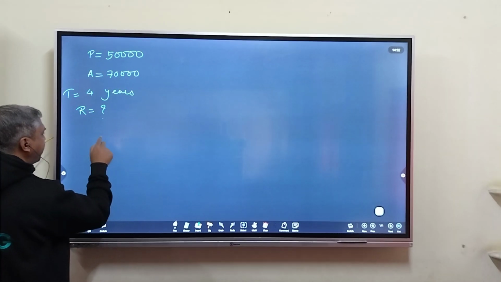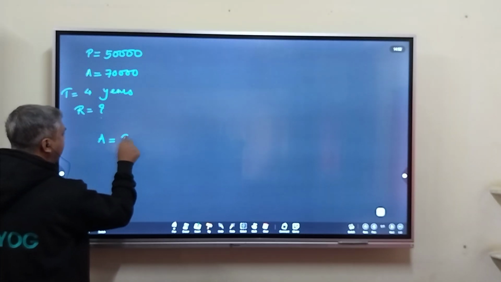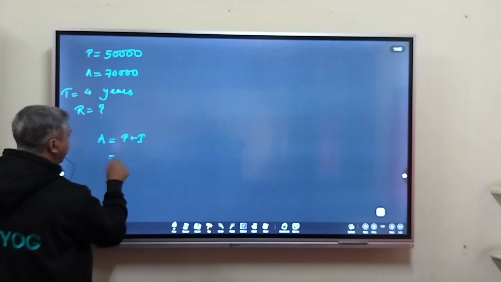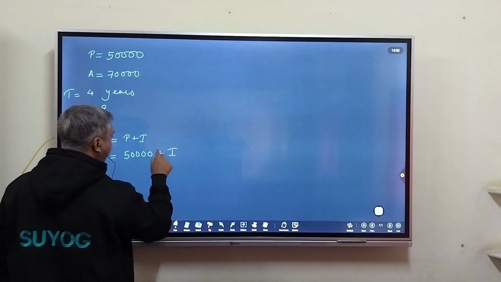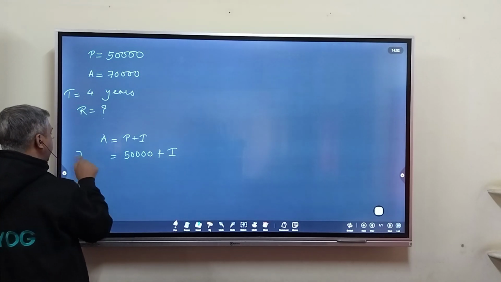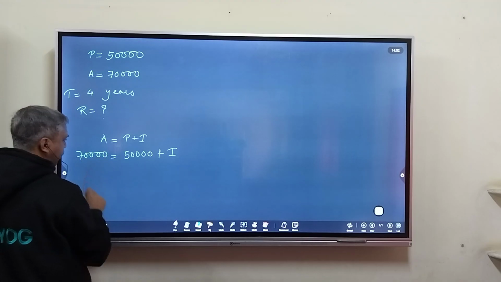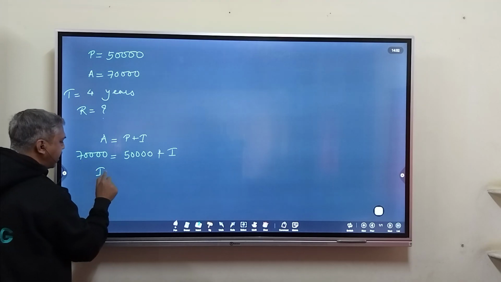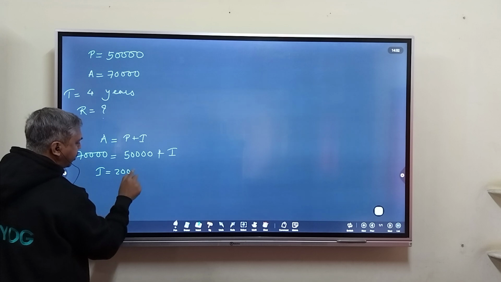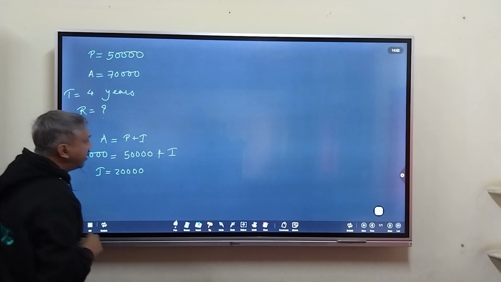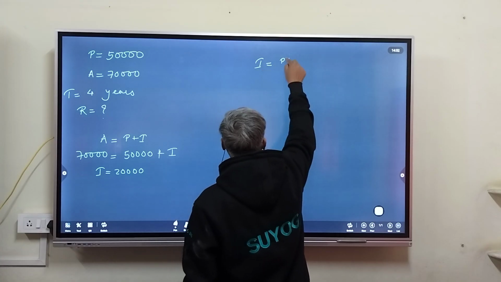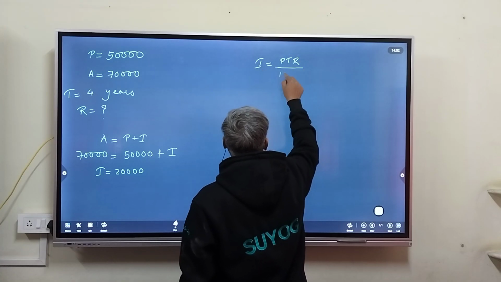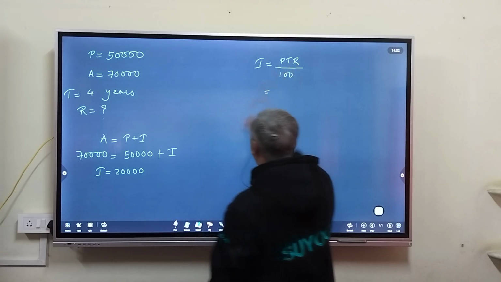We'll first start with A is equal to P plus I, where P is 50,000 rupees and A is 70,000 rupees. Subtracting, we get I is equal to 20,000 rupees. But simple interest I is also equal to PTR upon 100 or PRT upon 100.